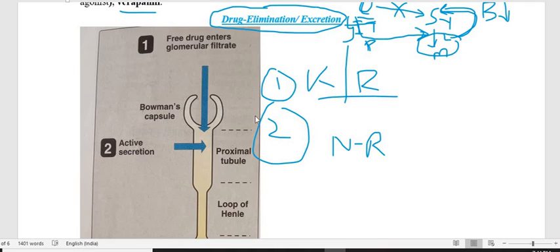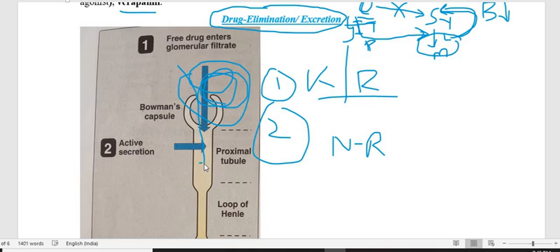So see here, when you administer the drug and it gets metabolized by phase 1 and phase 2 reactions, it comes to the glomerulus. In the glomerulus, if the drug is in unbound form, it will filter into the Bowman capsule.